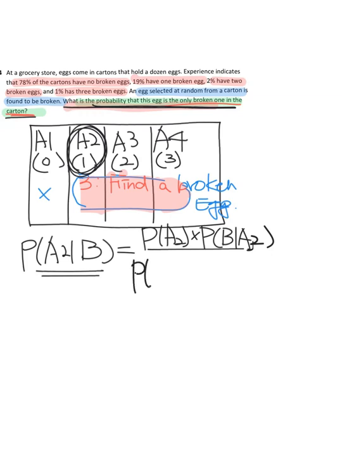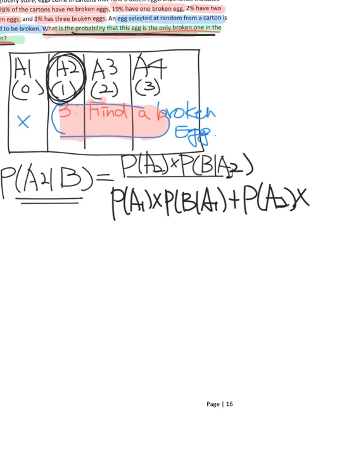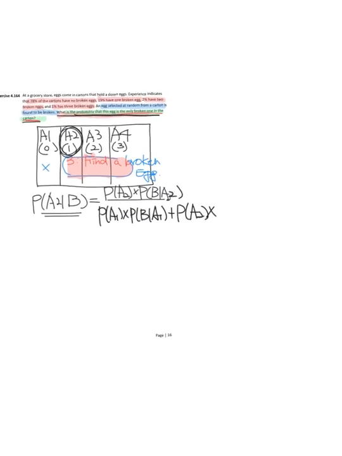So let me take the probability of A1 times the probability of B given A1, the probability of A2 times the probability of B given A2.